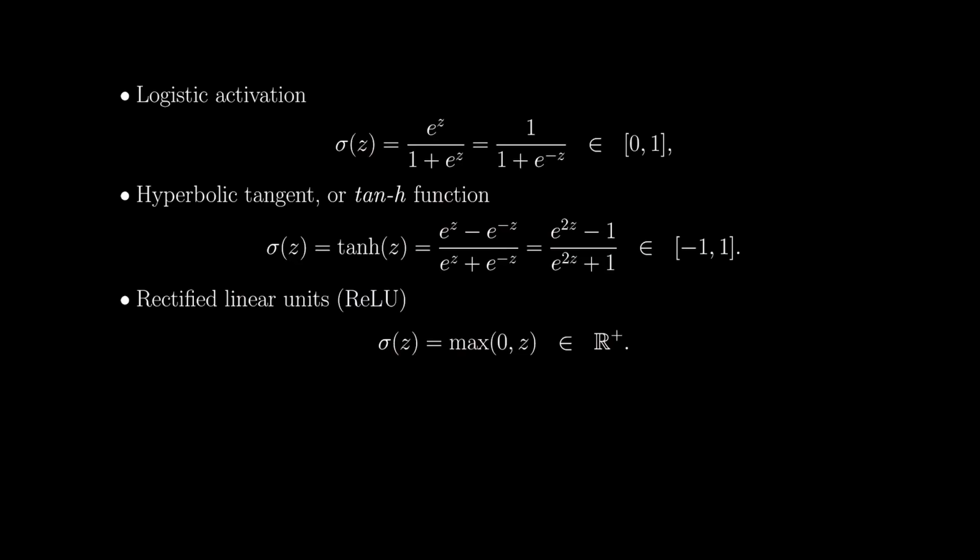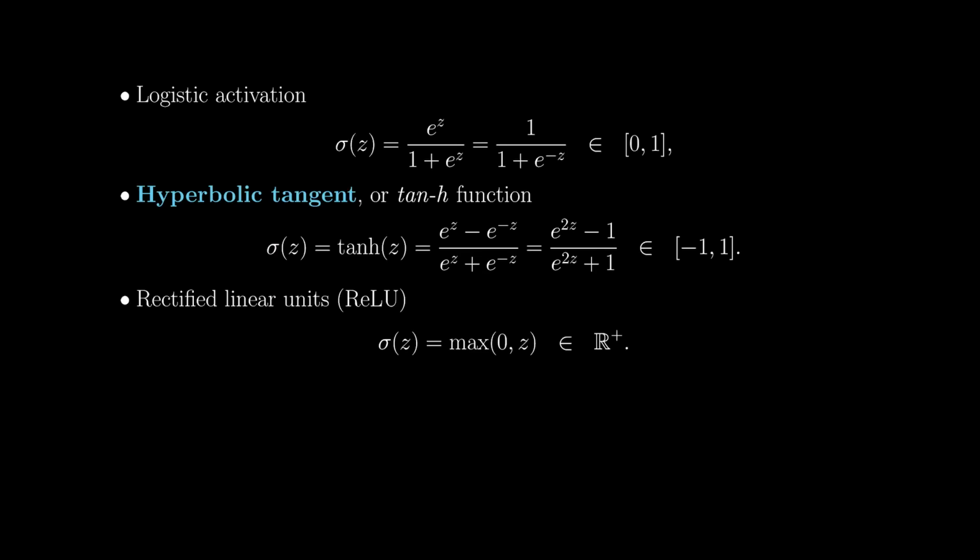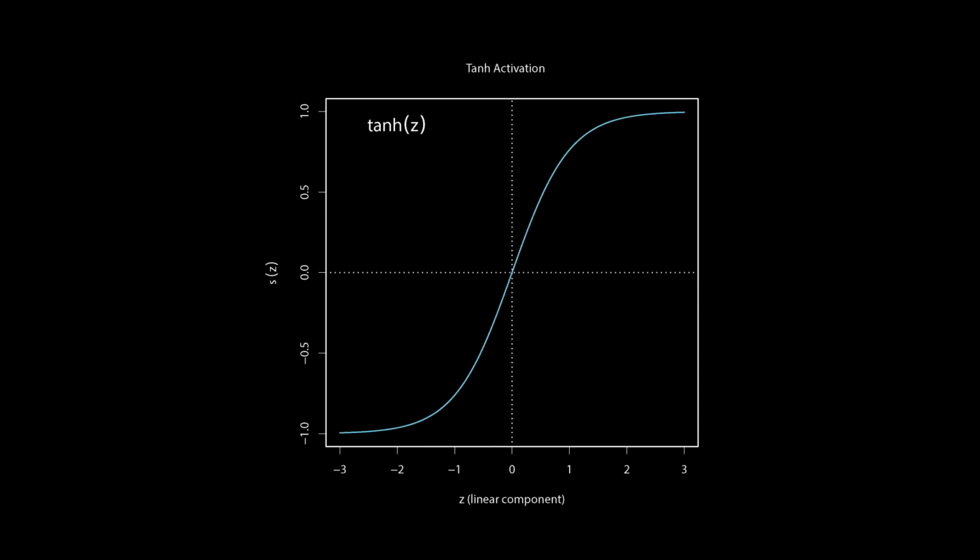Now, the most common specification, which you are already familiar with, is the so-called logistic activation function, which just maps from the real line to the interval 0 to 1. Another very popular activation function is that of the hyperbolic tangent function, or tanh for short, which maps from -1 to 1, with the advantage of using such an activation function being that it permits negative values and more easily evaluates to 0 than, say, a logistic activation function.